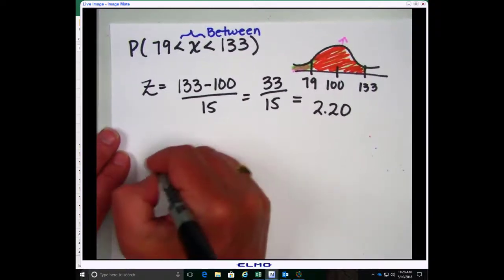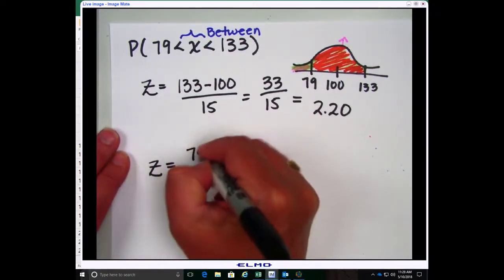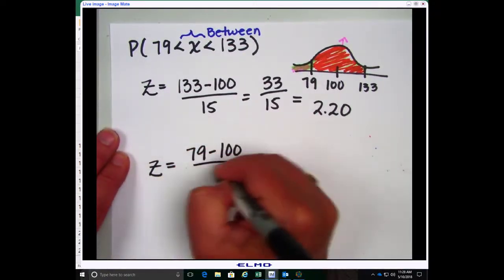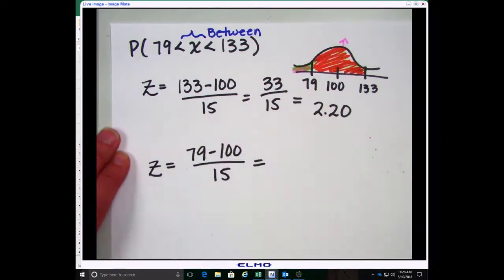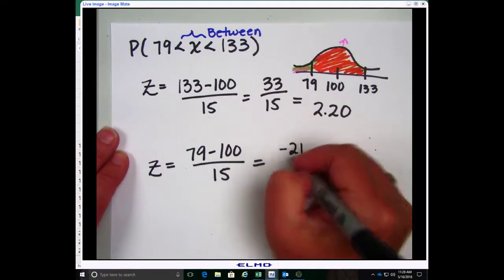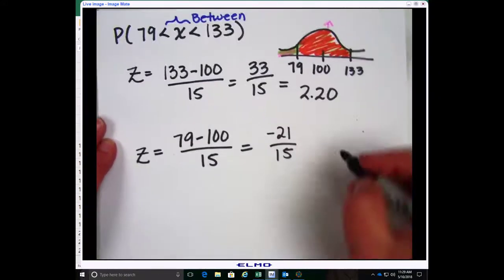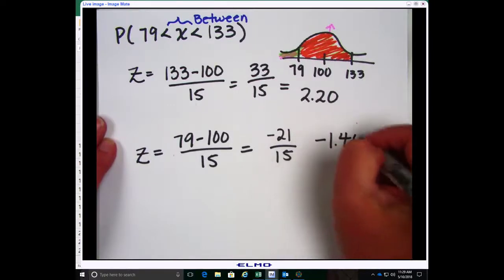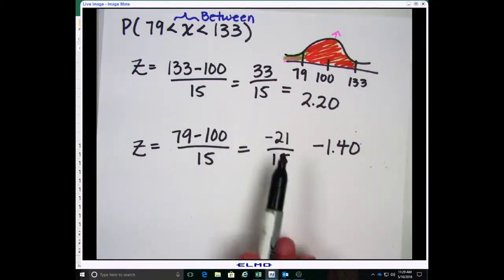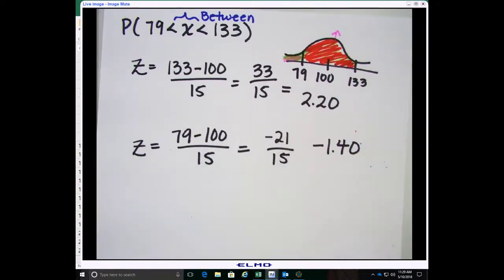For my next one, we're going to take 79 minus 100 divided by 15. Gives me negative 21 over 15. Negative 1.4. All right, so we calculate our two z's. Now we're going to look those up in our table.